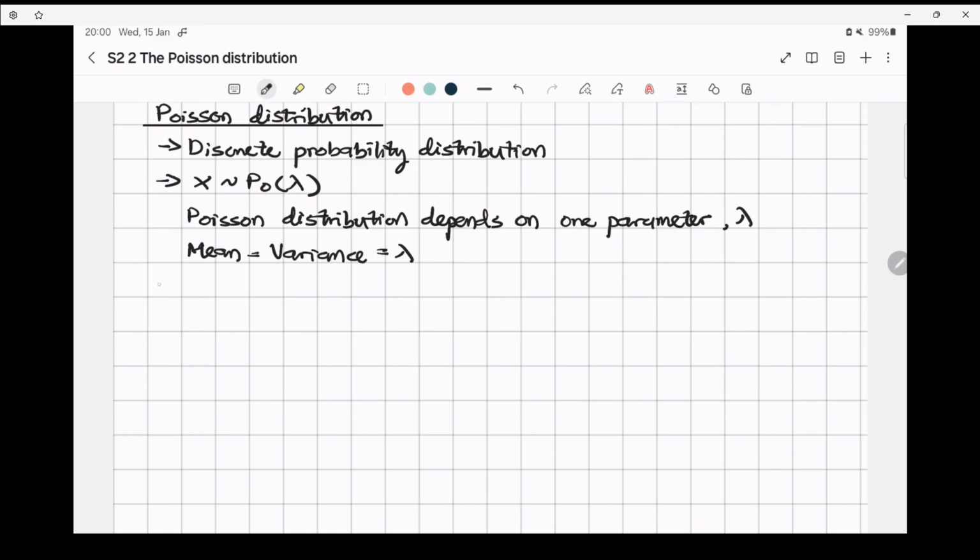So the probability for a certain event that happens will be written like this. Probably I rewrite this.